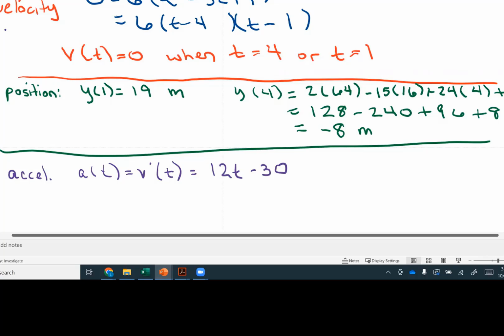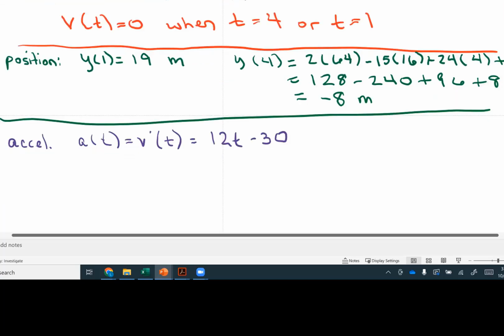We found our acceleration function, and we want to find the acceleration when t equals 1 and t equals 4. I have a of 1 equals 1 minus 18, and a of 4 is equal to 48 minus 30, so that's positive 18. And this is meters per second squared.